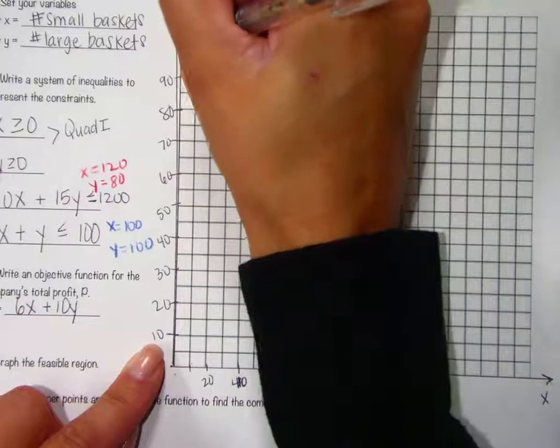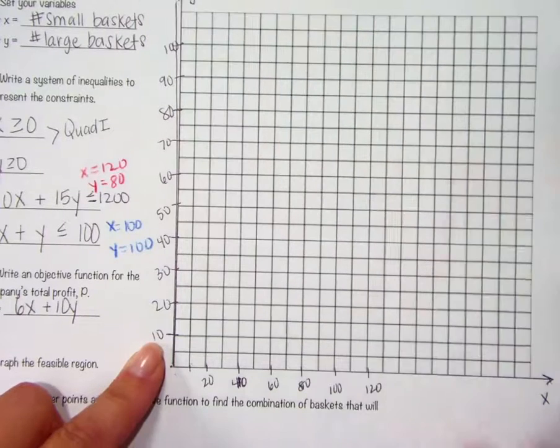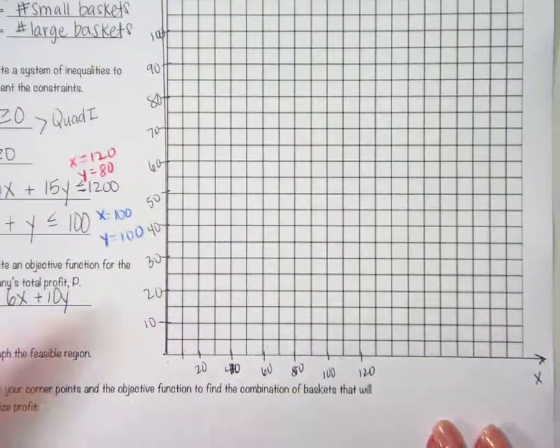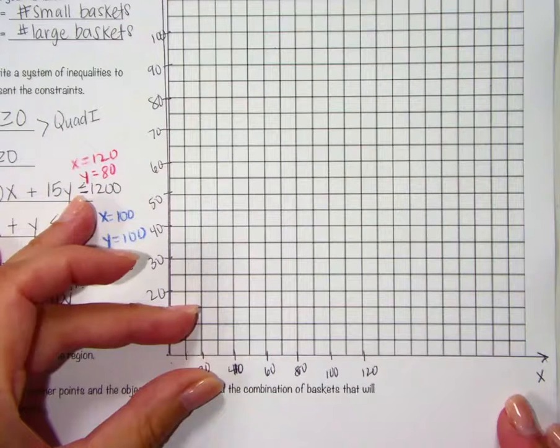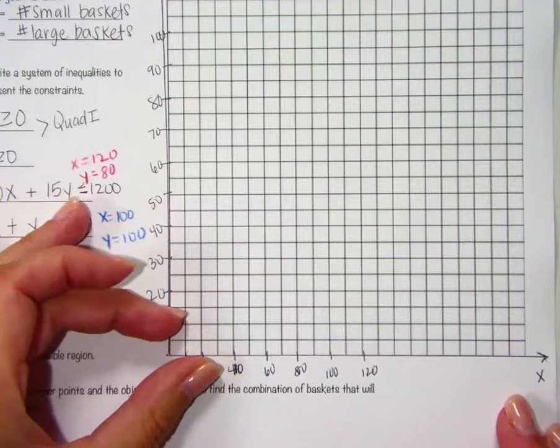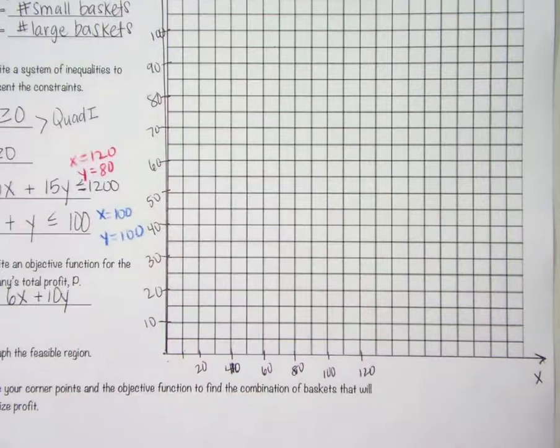The more that you spread it out, the easier it will be to both graph and find your corner points. I always get people that try to scrunch their graph in just the corner. The more that you spread it out, the easier it's going to be for you, okay?